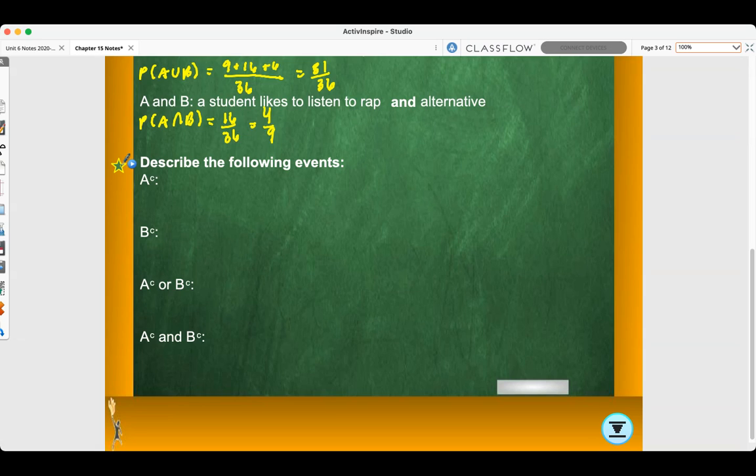Let's go ahead and describe the following events. A complement. These are students who don't like rap. B complement are students who don't like alternative.